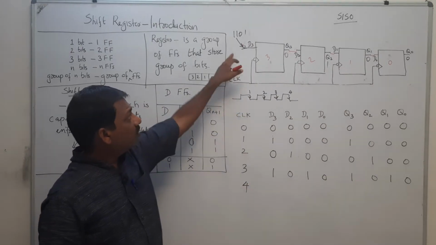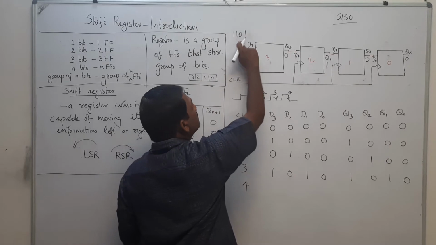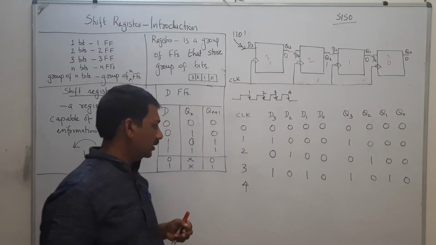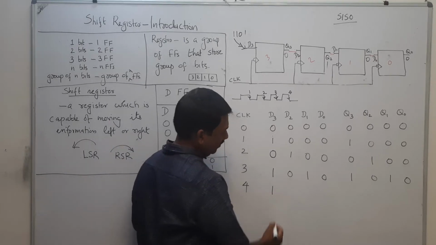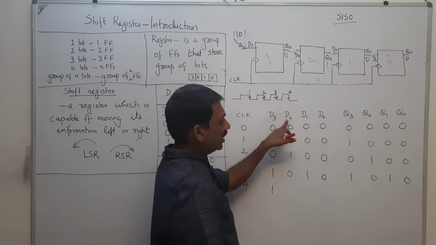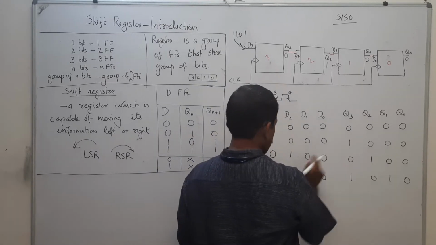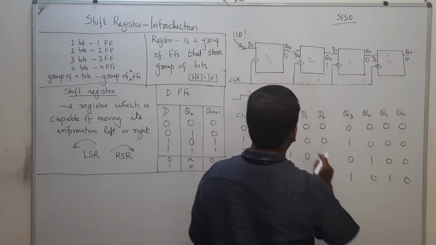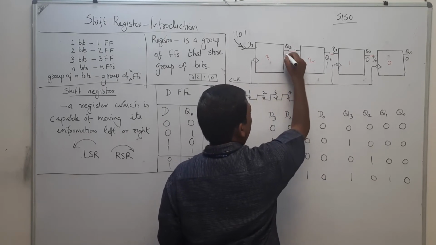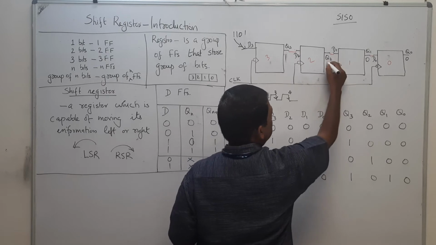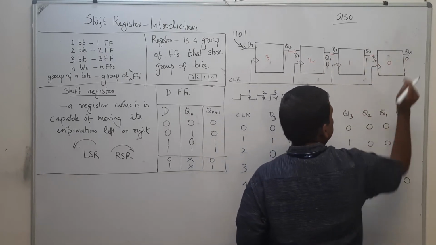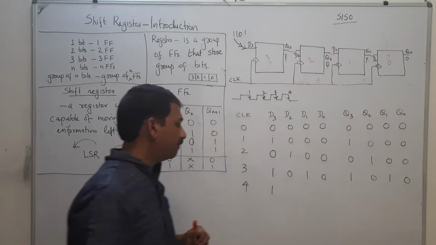And now again you are going to give the next one, that means the next bit to D3. What is the value of D2? Once you have done this, the outputs are 1, 0, 1, 0.